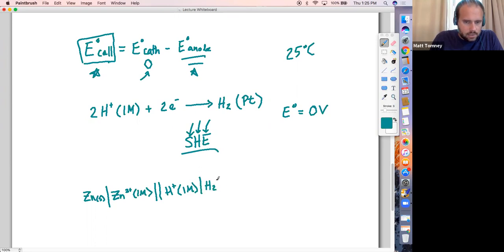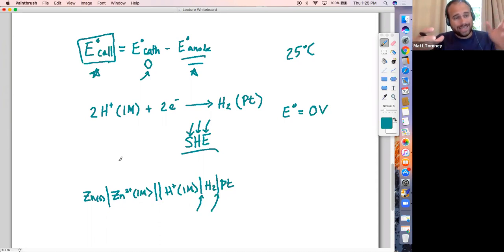Hydrogen gas, platinum. So realize there's 2 lines here, because this is aqueous, this is hydrogen gas, and then this is solid platinum.